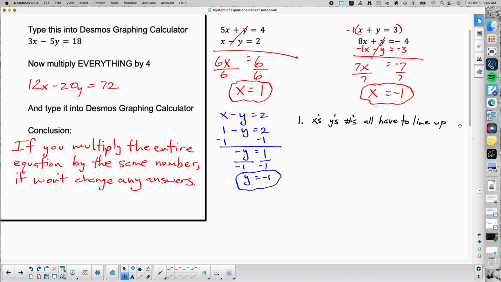Because if we're trying to add the two equations together, everything has to be lined up for it to work, right?